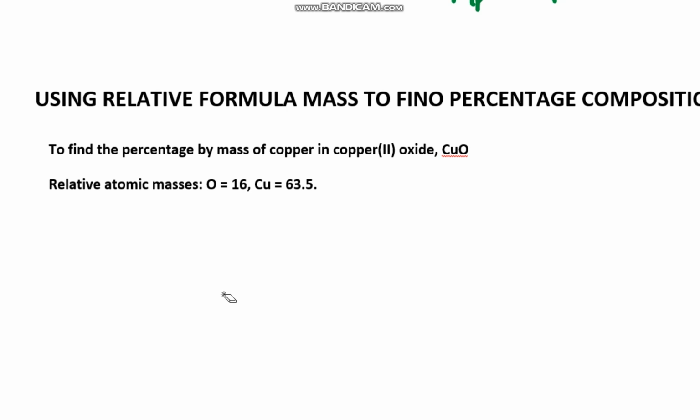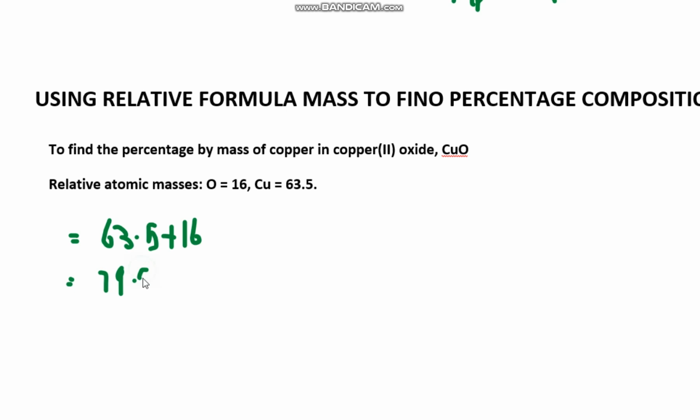The copper oxide here has a relative formula mass of 63.5 plus 16, which gives 79.5. This is the total relative formula mass of the whole compound.